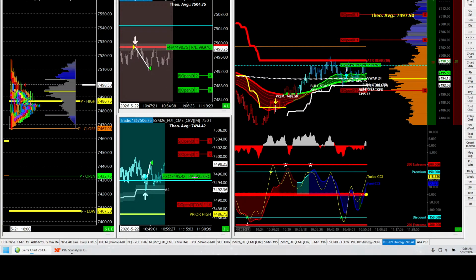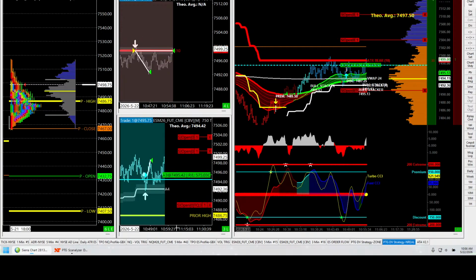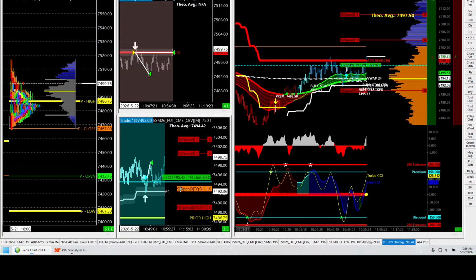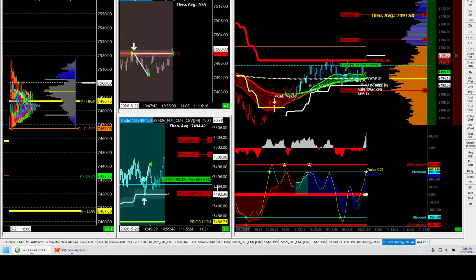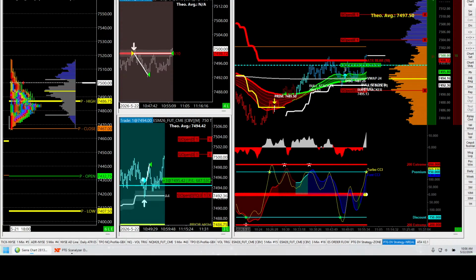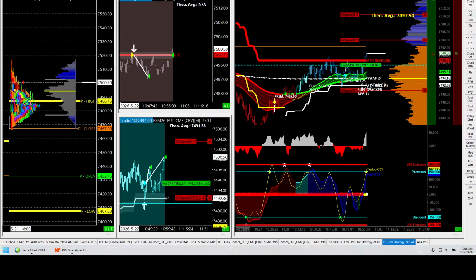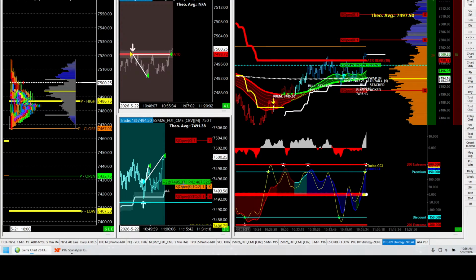I got my stop at break even on the balance of the A10. Oh, there you go, it just got triggered. All right. And I'm going to bring my stop here on the A4. That looks like it's going to play out a little bit better. All right, there you go. A couple scales, stops even.